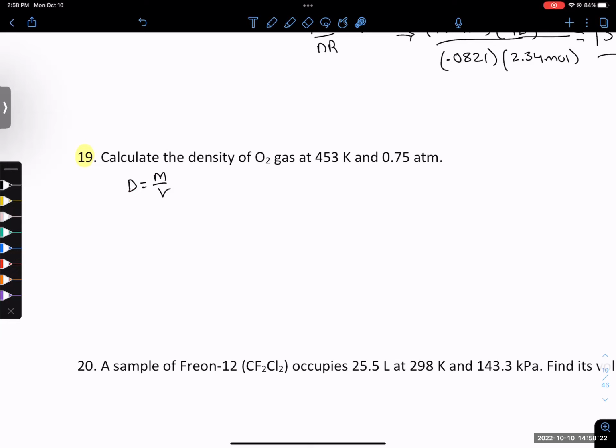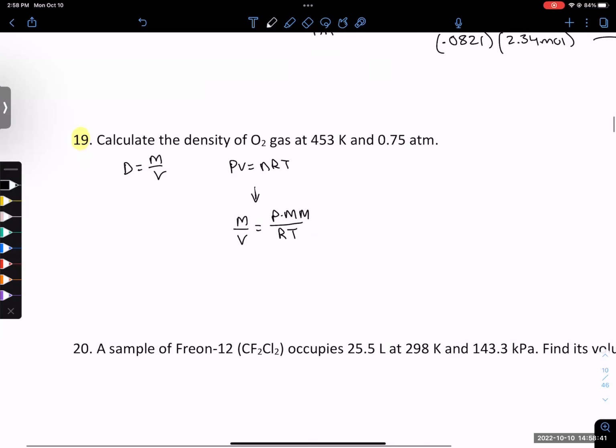Maria, what equation did you use? I used PV = nRT, and then I also took your advice and memorized the actual equation for density with it, which is pressure times molar mass over the constant and temperature. Nice. So you memorized that?